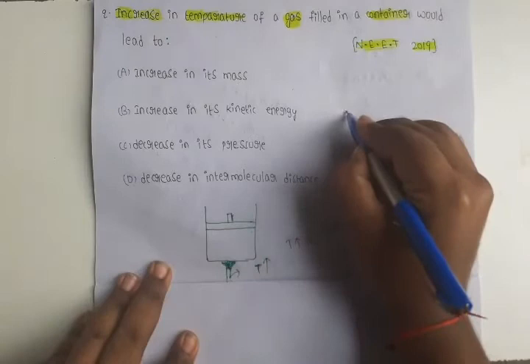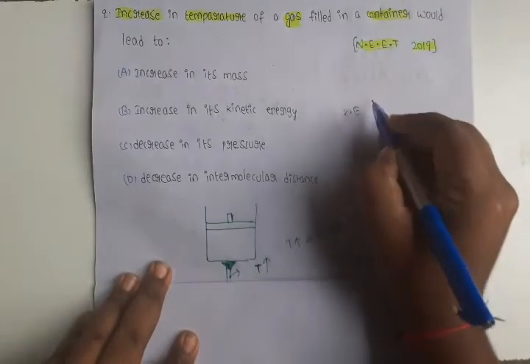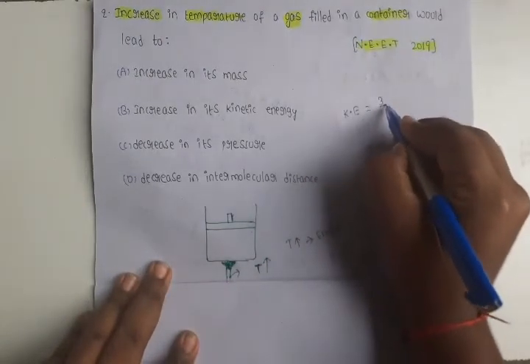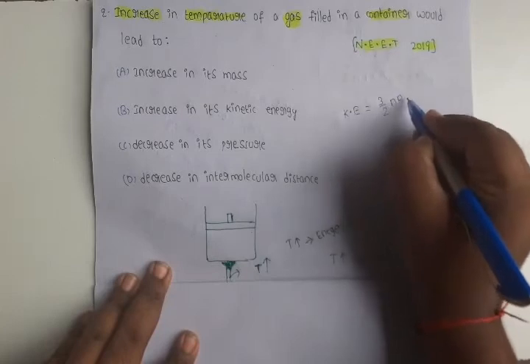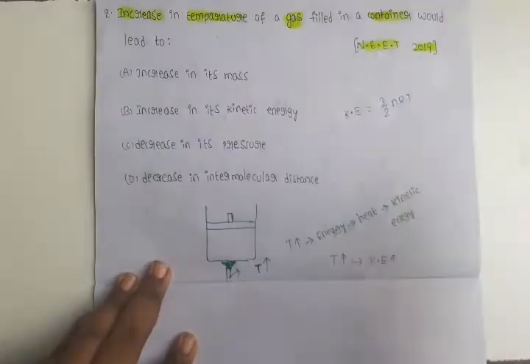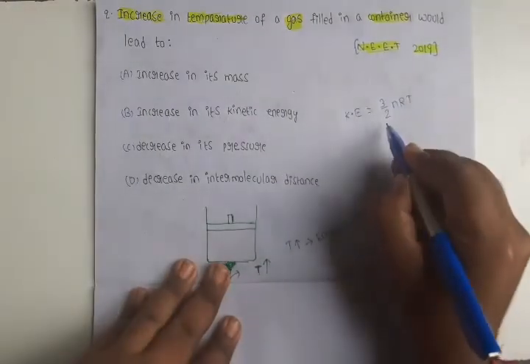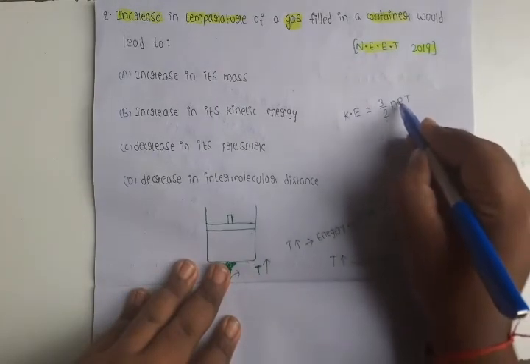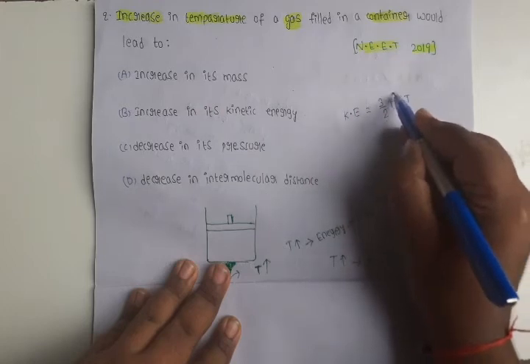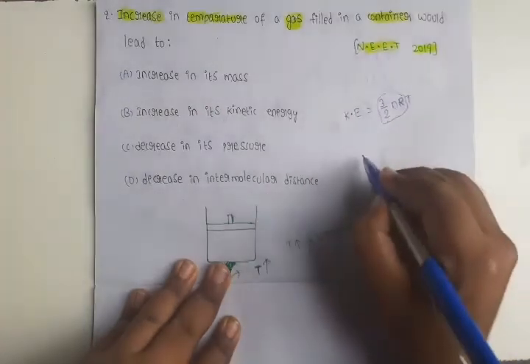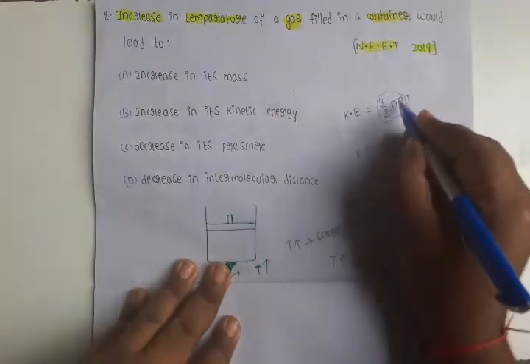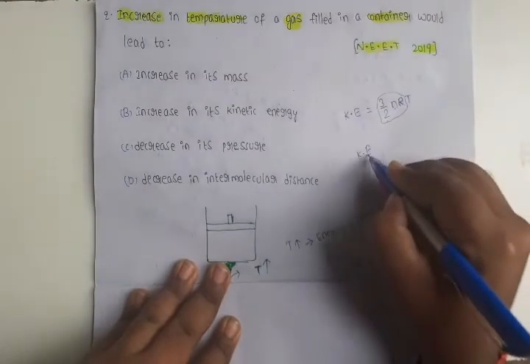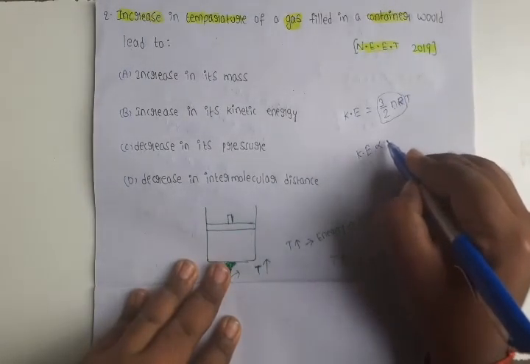What is the formula of the kinetic energy? Kinetic energy KE equals 3 by 2 nRT. 3 by 2 is constant, n is the number of moles, R is the gas constant. So this total term is constant. Whenever you remove the constant, a proportionality symbol is added.